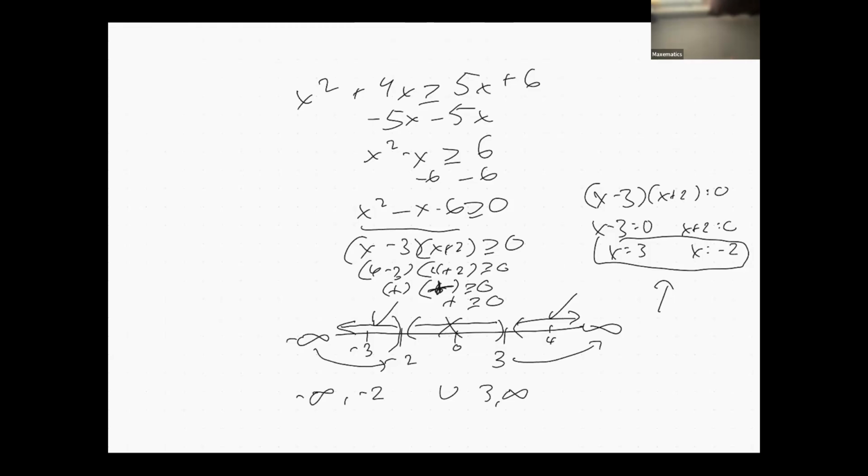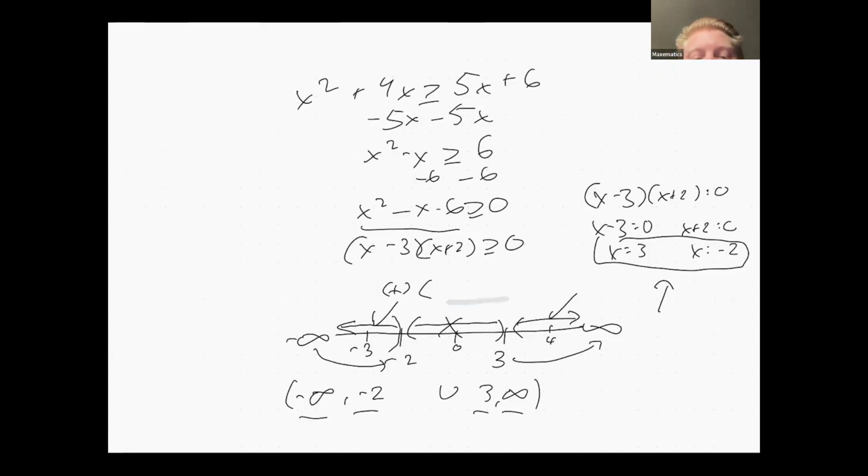So to start, negative infinity and infinity always get parentheses. Now negative 2, what we need to do is plug in negative 2 into our inequality to see if it is true. If it is true, it is part of the answer. We put a bracket. If it is not true, we don't put a bracket.